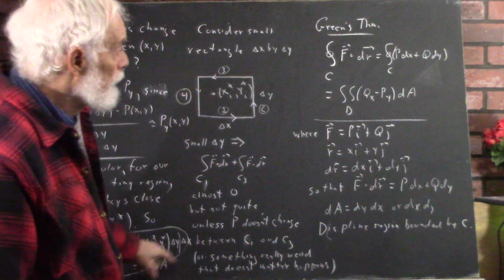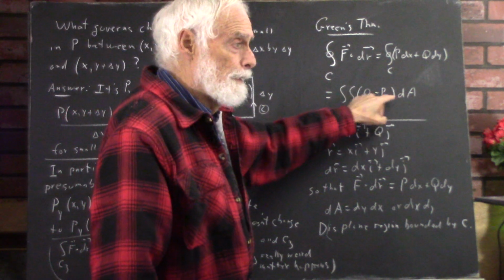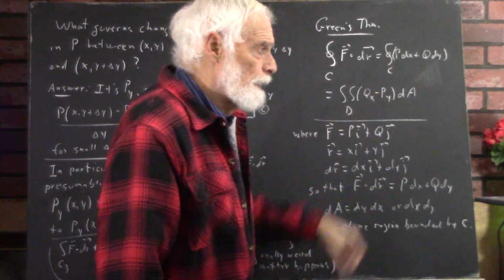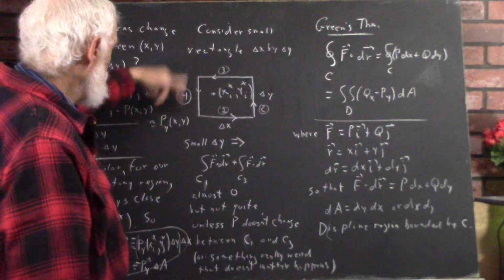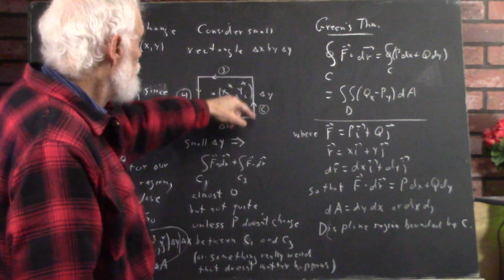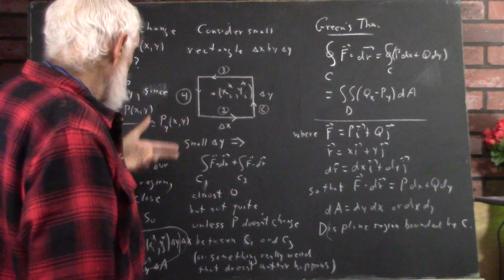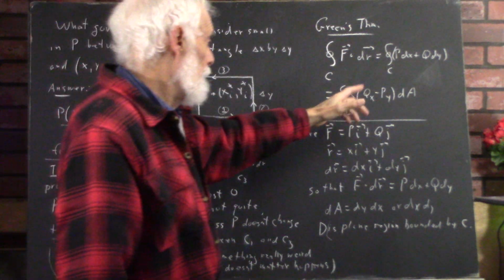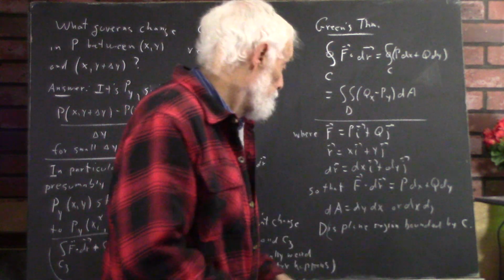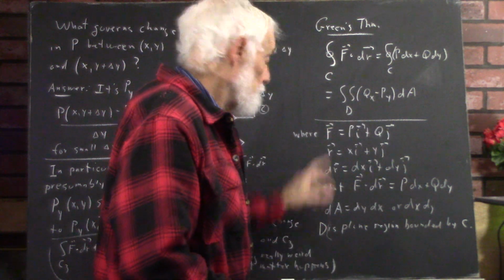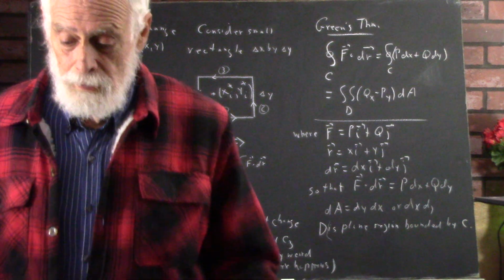So we've sort of demonstrated why we have this part. Well, we can do the same thing for the delta y increments, the path 2 and the path 4. And we'll see why it comes out a plus Qx dA. And we'll go on with this in just a minute.